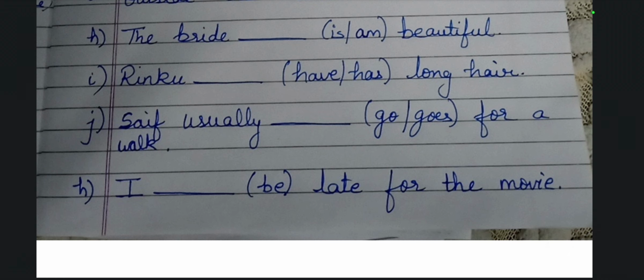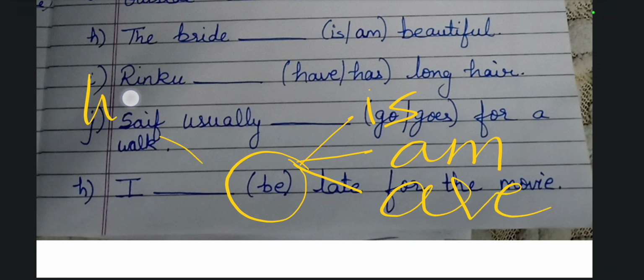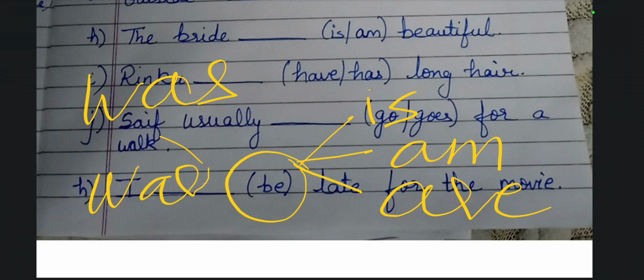And the last one, I dash late for the movie. Now the verb be has three forms in present. It is, am, and are. And in past, that means second form, was and were. Okay. Now the question is saying I dash late for the movie.